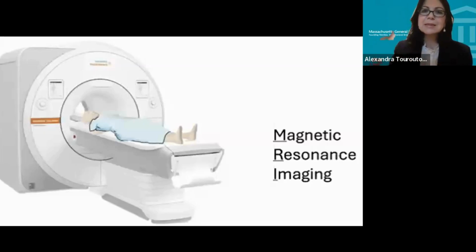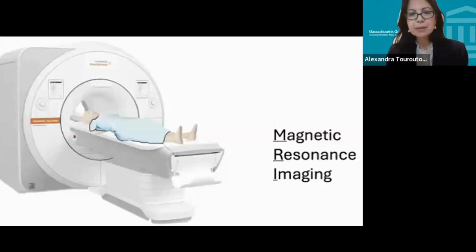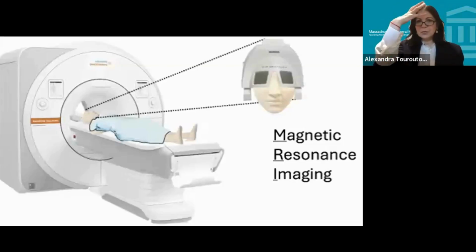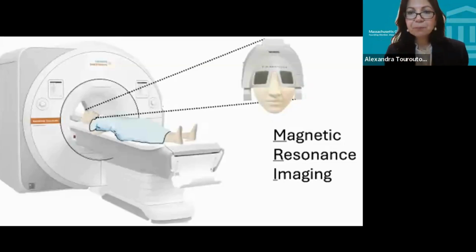And then the machine takes pictures, usually for anywhere between 30 to 45 minutes on average. And again, it is very loud. That's why you're wearing earplugs or headphones. And we also place a mask over your face. That is called the head coil, and this is what allows the actual machine to take pictures.